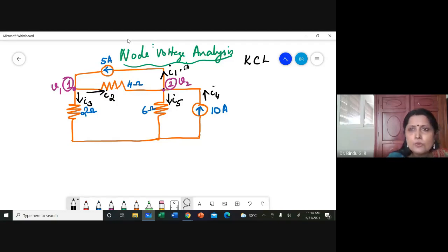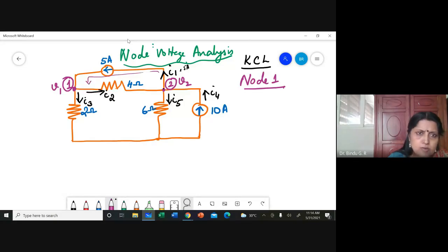So let's apply KCL to node 1. Current that is coming in is I1. So I1 is equal to I2 plus I3. I1, as you know, is the same as 5 amperes. So 5 is equal to I2 plus I3.